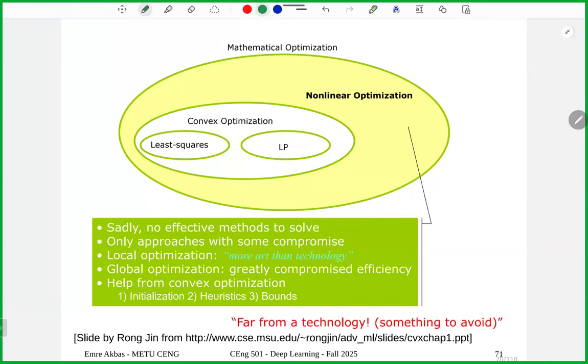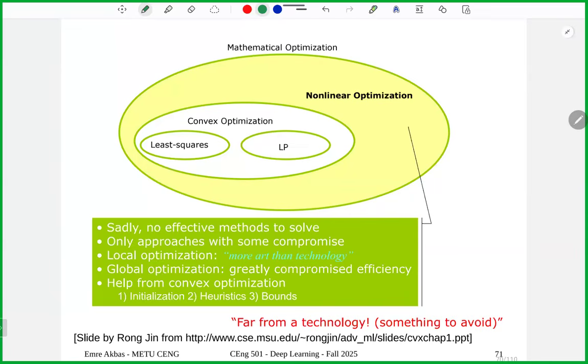For global optimization, there are methods like simulated annealing, right? But there are no guarantees, and efficiency is out of bounds. In practice, you don't use them. You get help from convex optimization in terms of initialization, heuristics, and bounds. And this is considered far from a technology, something to avoid, actually.